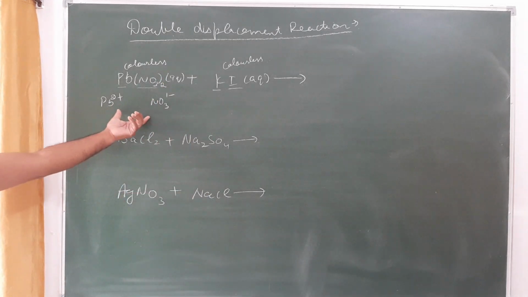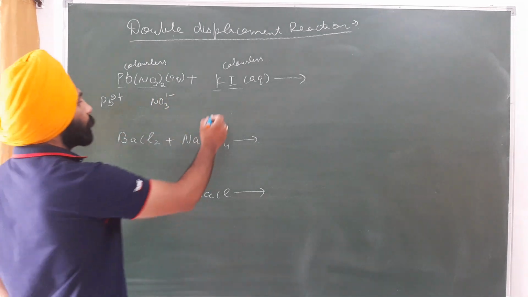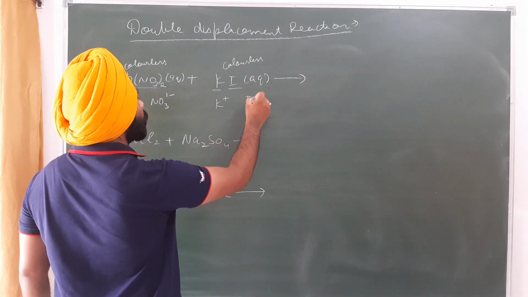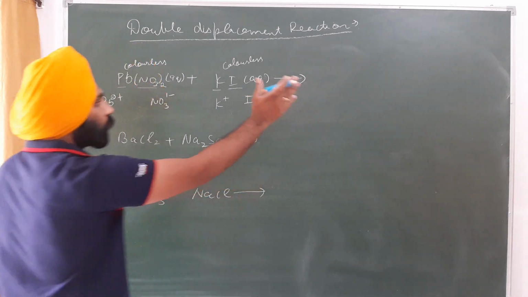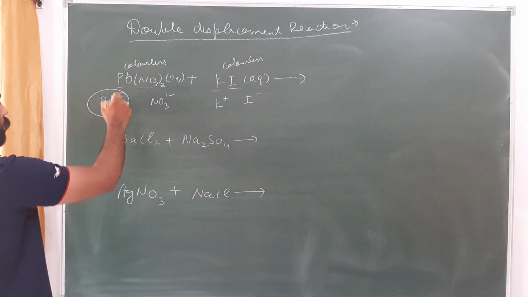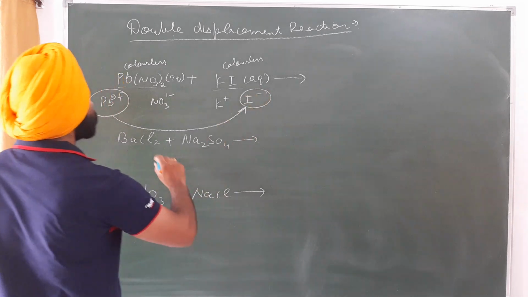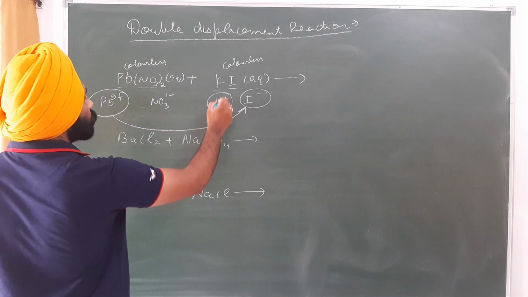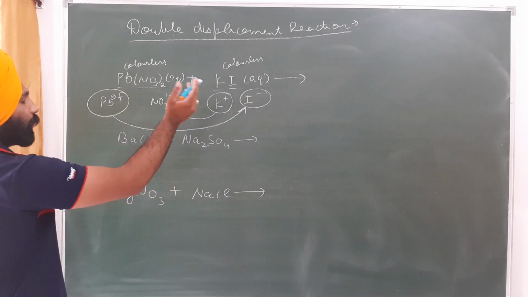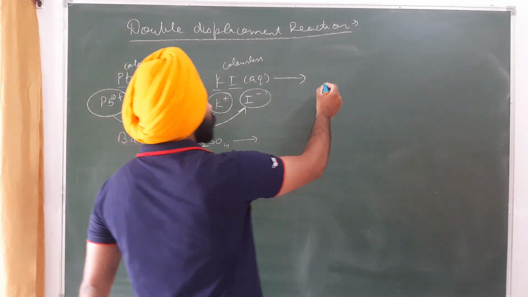It will behave like this, and KI will behave like K positive, I negative. Now, according to the phenomena, this lead will make a bond with iodine, and this potassium will make a bond with the nitrate.